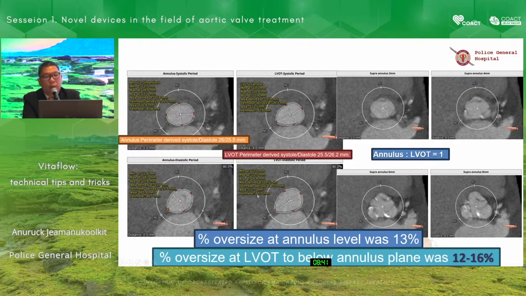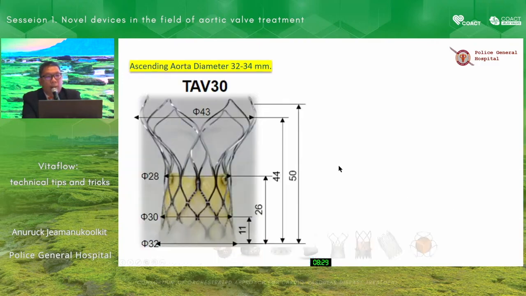When we calculate by the Aurora criteria, the annulus LVOT ratio is 1, oversized about 16%. At the ascending aorta it's oversized more, about 30%, but it has fewer cells here, so it can stabilize because it can conform to the aortic root.